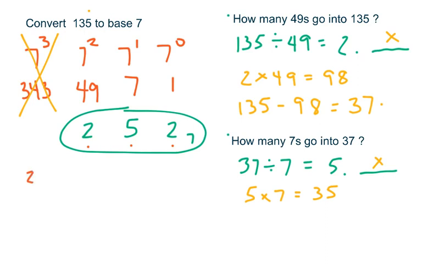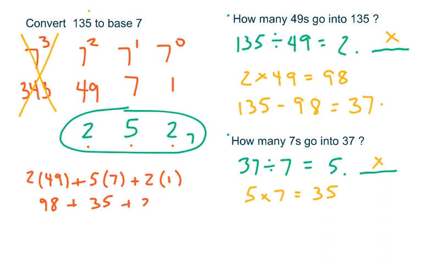If I have 2 49s added to 5 7s added to 2 1s, this better turn out to be 135. And I've got 98 plus 35 plus 2. Sure enough, that is 135, so I'm positive that I've got the right answer for this one. Be patient and careful. You should be just fine with these.